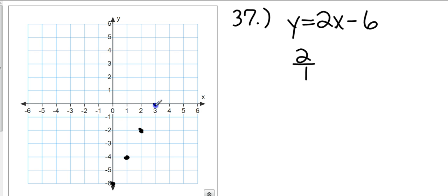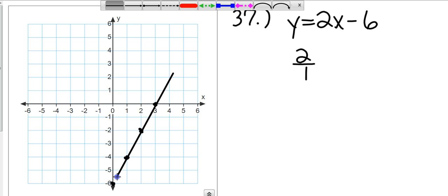Again, I'm putting 4 on here. You just need to put 3. Get a good one here. Right about there. Okay. Y-intercept of negative 6, rise 2 to the right 1.